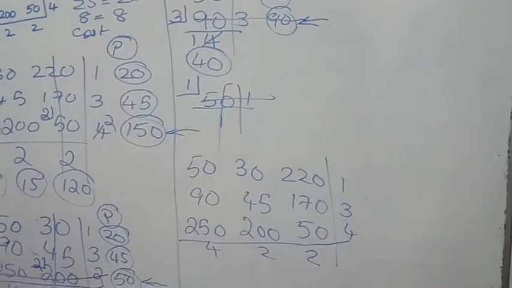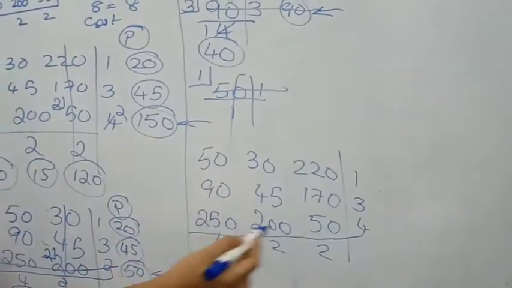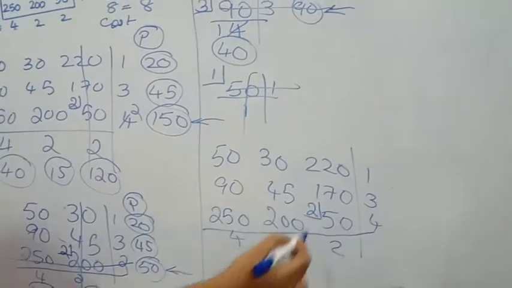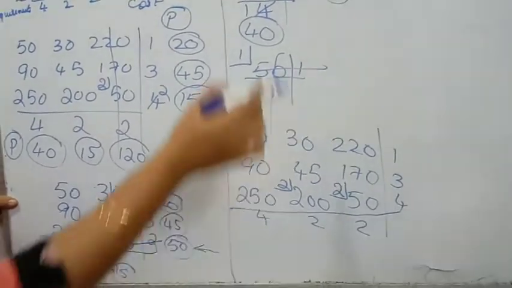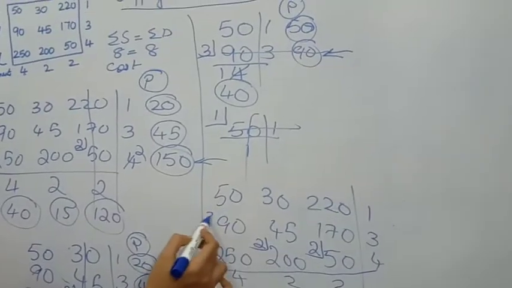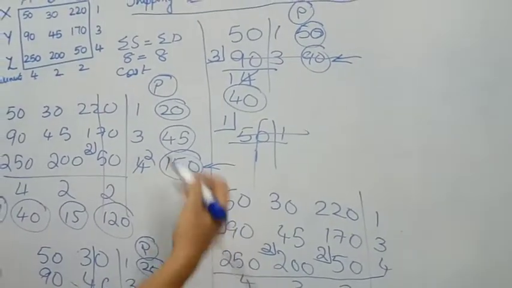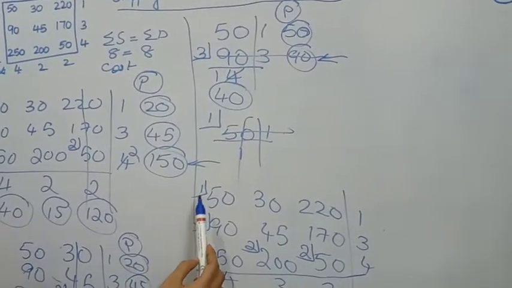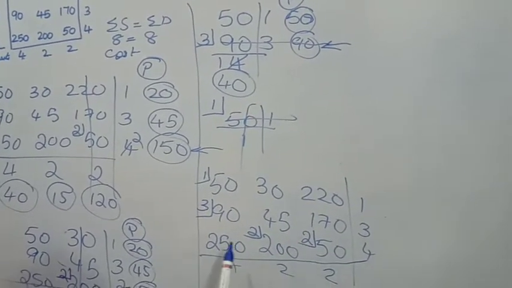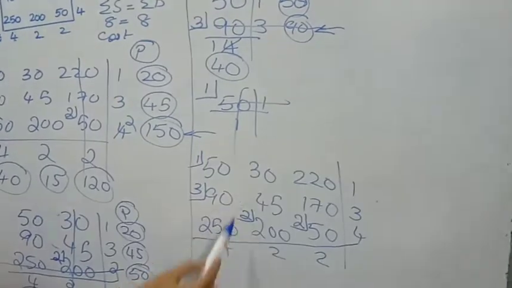You can allocate. The 50 in the third row is 2. After that, 200 and 2. Then 90 is 3. Then comes 50 with 1. Cross check: it's 1, 3, 2 plus 2 is 4. Column wise: 1 plus 3 is 4, 2, 2.